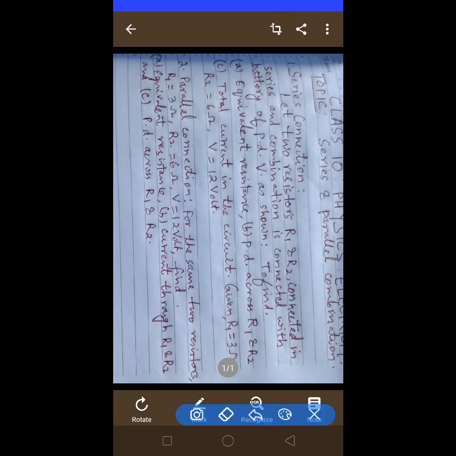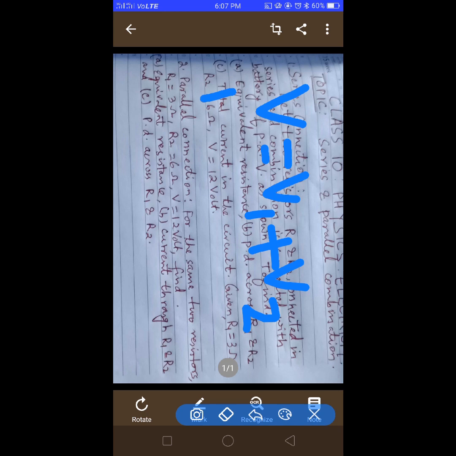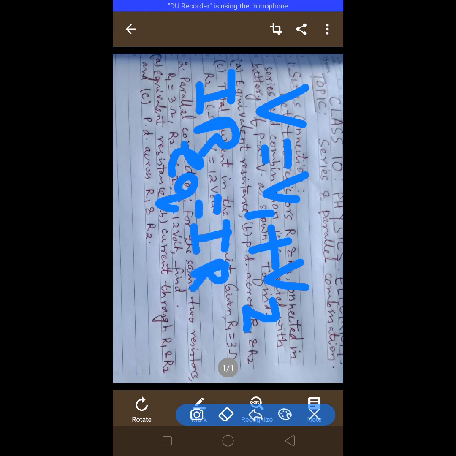So we will find the equivalent resistance. So equivalent resistance, how will you find? So battery, total battery voltage V is equal to V1 plus V2, and V is I into R equivalent. I put here R eq, and V1 is equal to I into R1 like this, and V2 is equal to I into R2 I put here.